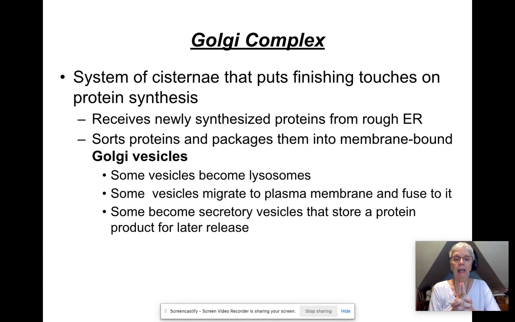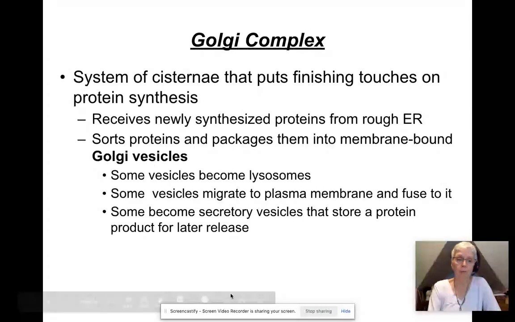They can go to and become a lysosome, or they can go to the plasma membrane and fuse to it, helping make more plasma membrane or repairing damage, or they become secretory vesicles. In other words, they take protein out to be used later in the cell.